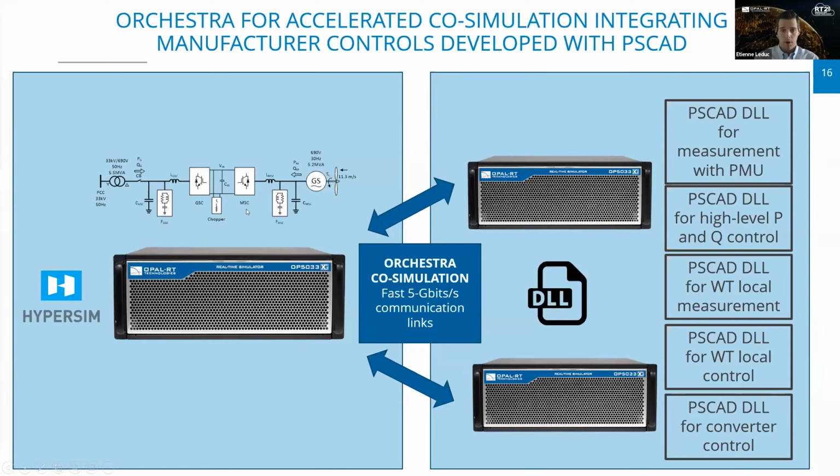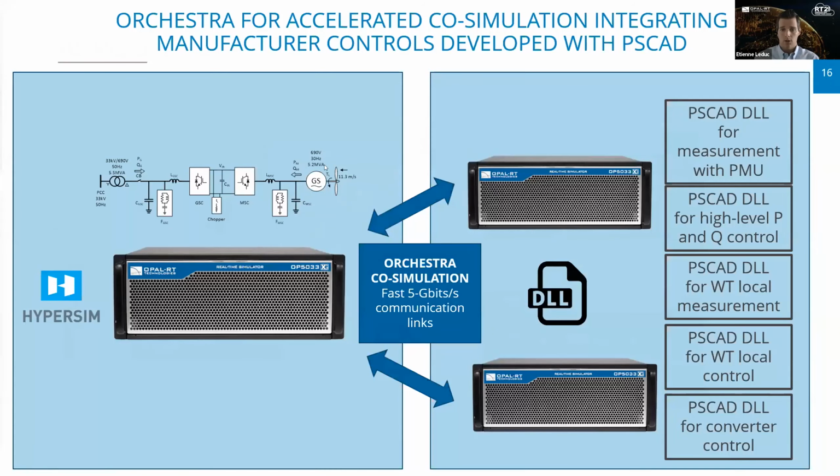The power system, for instance, does not have the same requirements as the DLLs to achieve the best performance. So decoupling this using Orchestra, using this fast 5 gigabit per second communication link, allows us to dedicate and choose the right technology to simulate either the DLLs or the power system on the different PCs.